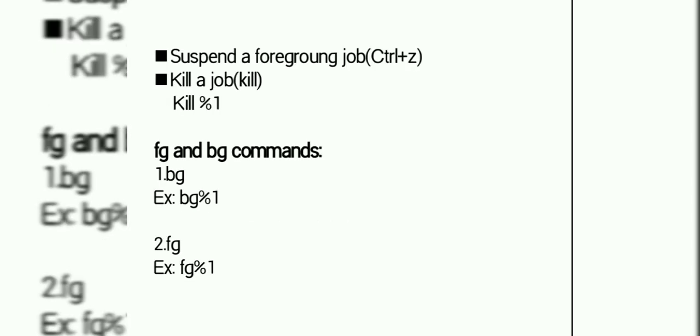Also, we can suspend a foreground job and use the kill command to terminate jobs. Use the bg command to push the current foreground job to the background. The example says to send the first job to the background. The fg command is used to continue a stopped job by running it in the foreground, and the example specifies the first job.